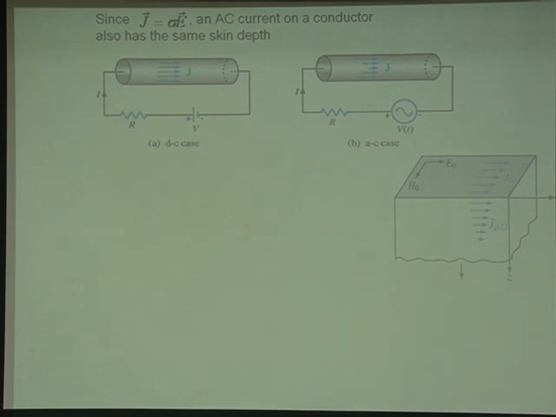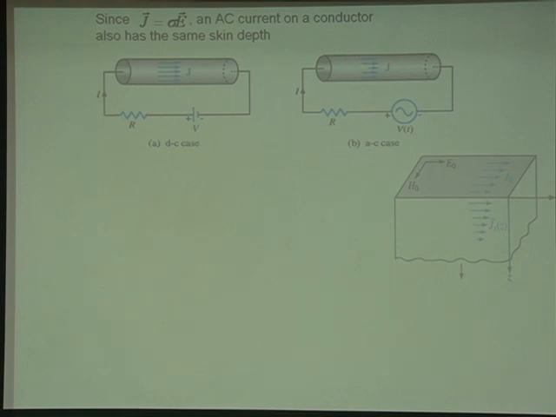Now, rigorously, you can solve for the wave propagation inside a piece of conductor, a piece of wire, but that is too complicated. I'm not going to do this derivation, but your teaching assistant recently worked through it: for a wire, the current and the fields are all on the surface.